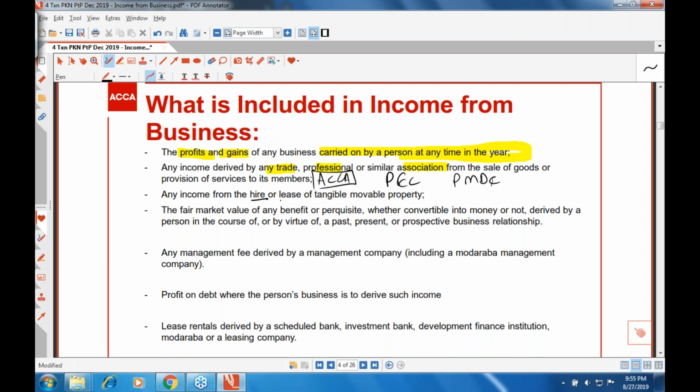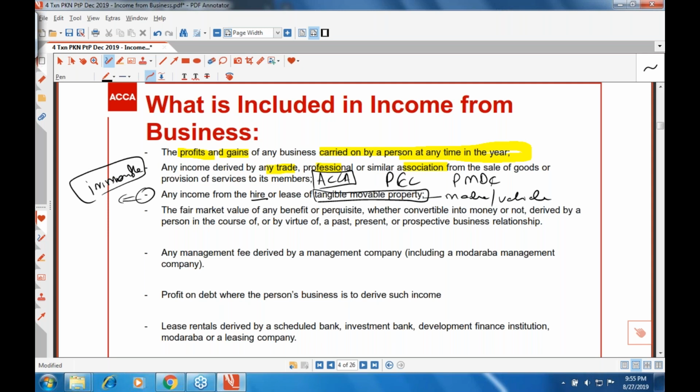Any income from the hire or lease of tangible movable property. Like for example, if you are hiring out machines or vehicles, that is all going to be considered as hire or lease of tangible movable property. Now, one exception that needs to be understood is that if you are hiring out immovable property, that is not considered to be business.